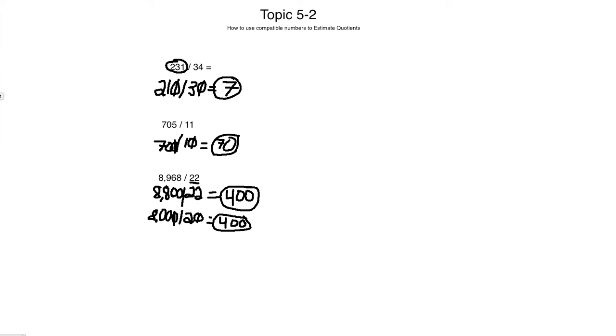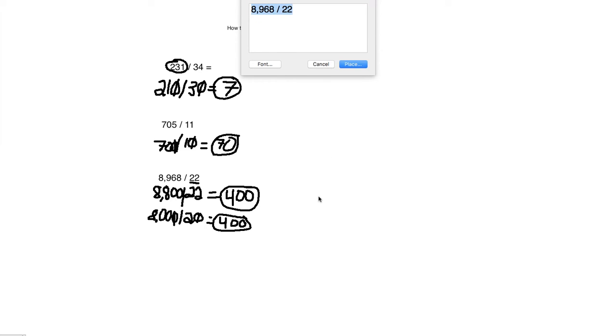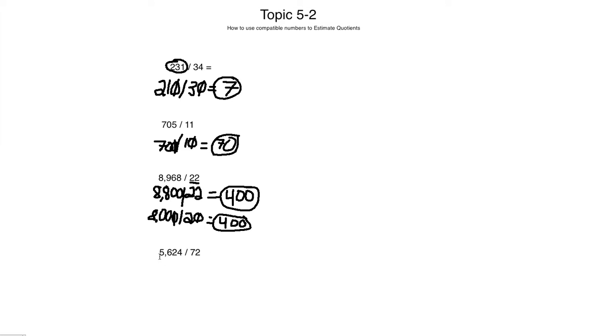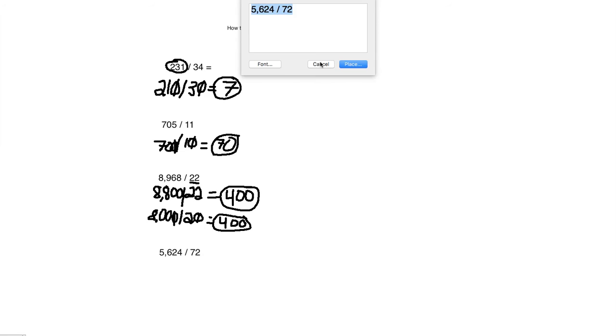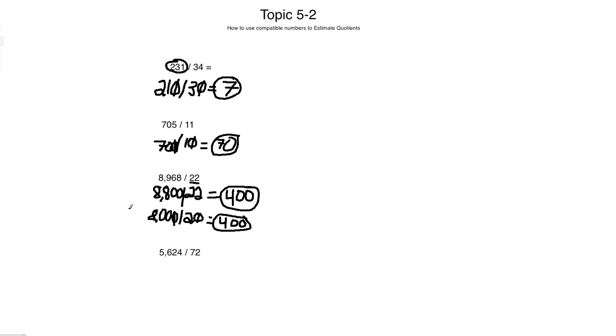All right, let's try another problem. Let's go with 5,624 divided by 72. All right, cross this out, or stop the video and try it. Okay, let's look at the divisor. I would estimate that to 70.